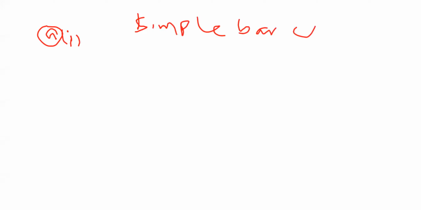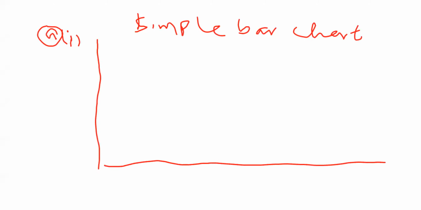So I just called that out so that you can remind me. Question A now, I want to solve. That A has Roman figure 1 and 2. Roman figure 1 is to construct a simple bar chart. Simple bar chart. If you draw your bar chart very well like this, we'll draw a straight line like this.